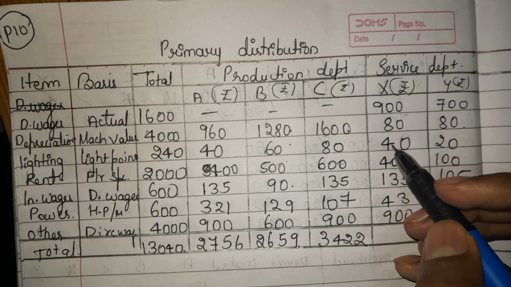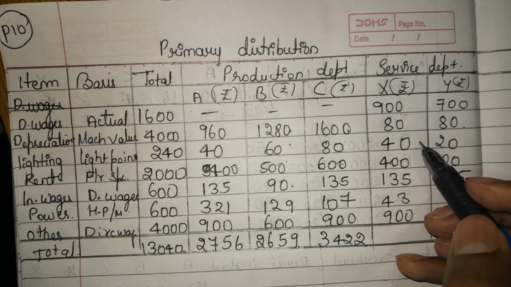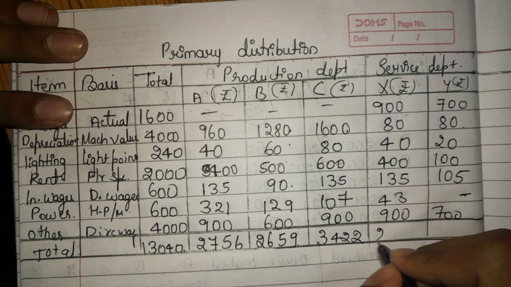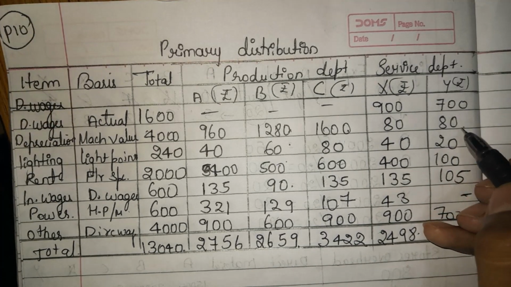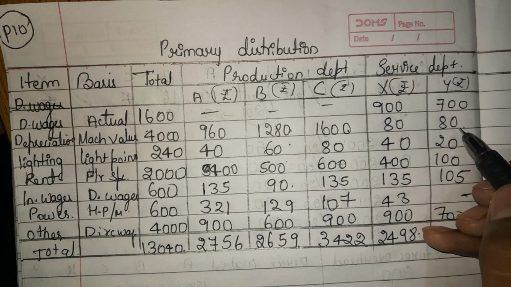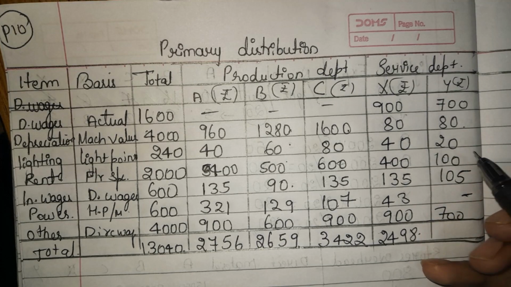X department 900 plus 80 plus 40 plus 400 plus 135 plus 43 plus 900, it will be 2498. Next Y department 700 plus 80 plus 20 plus 100 plus 105 plus 700 will be 1705.